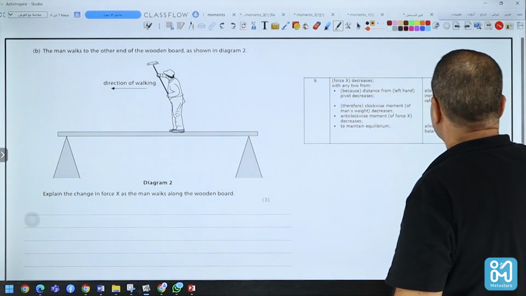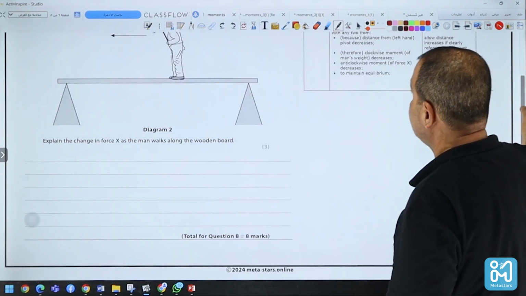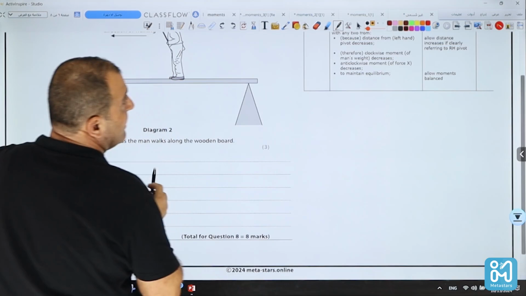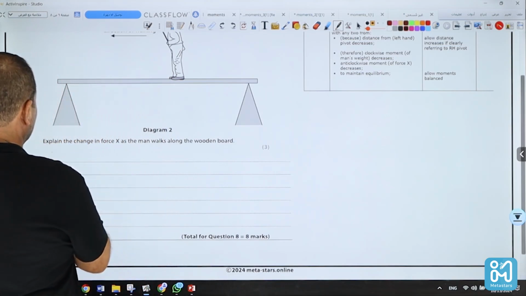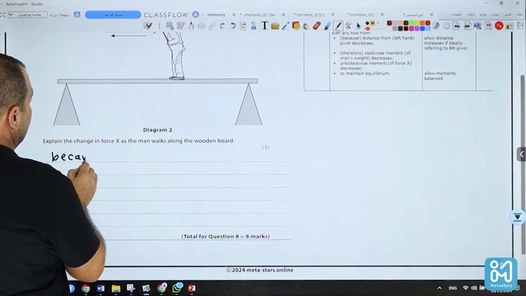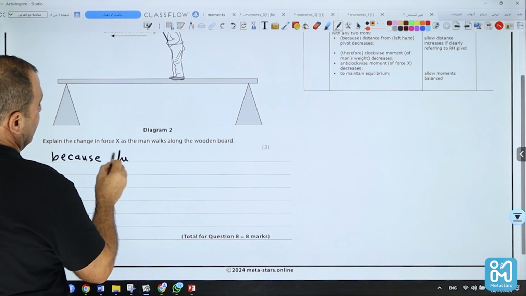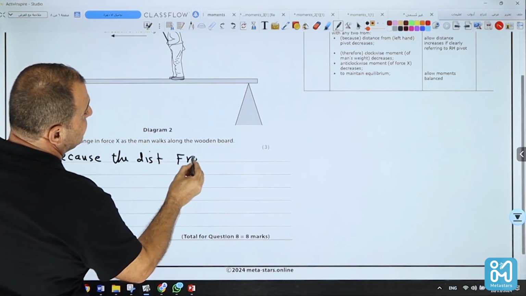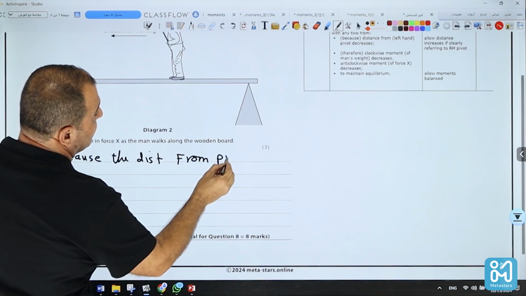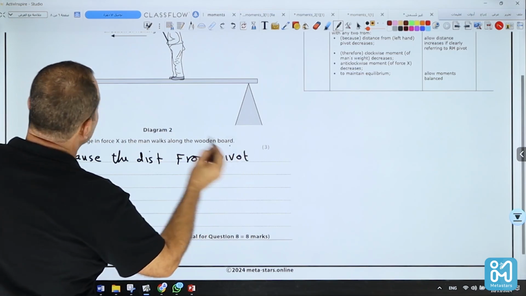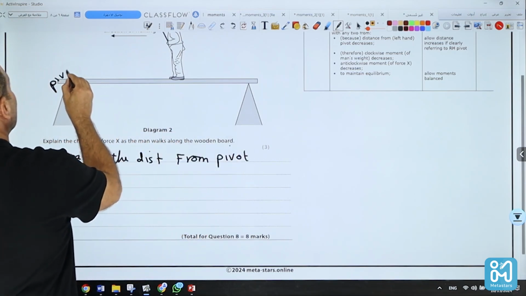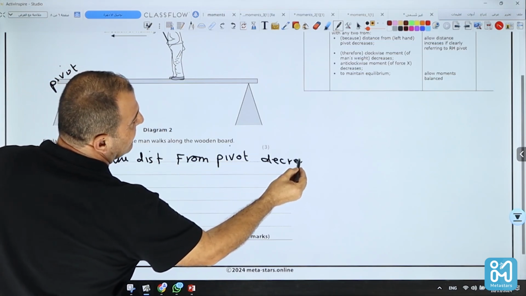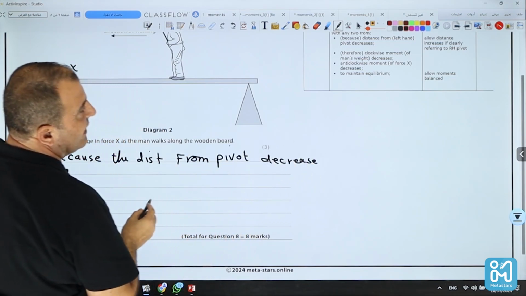This is the mark scheme because the distance from the pivot decreases.